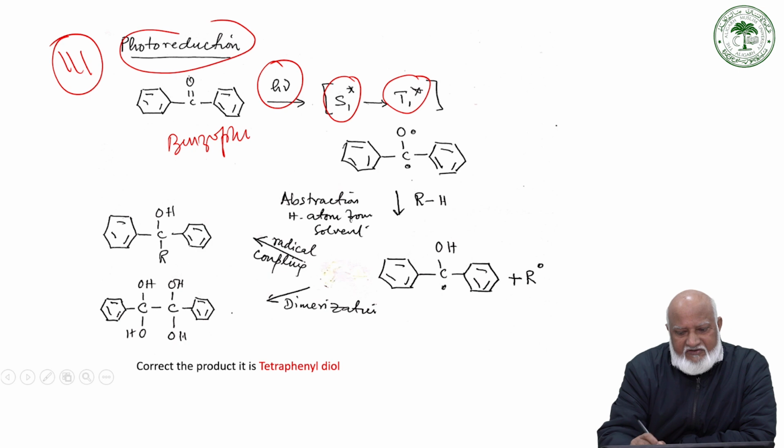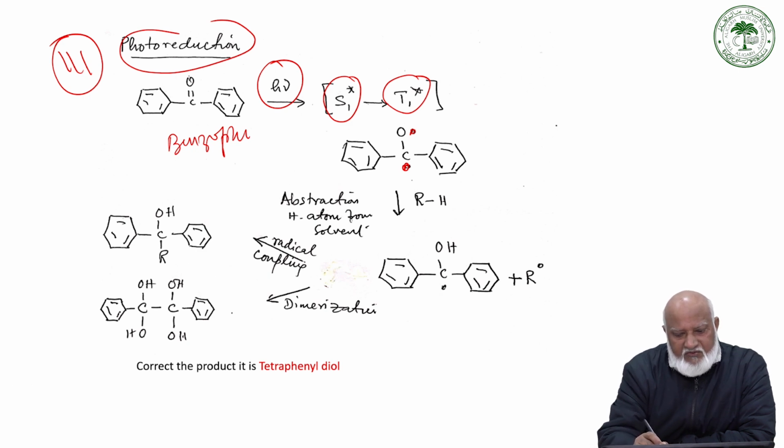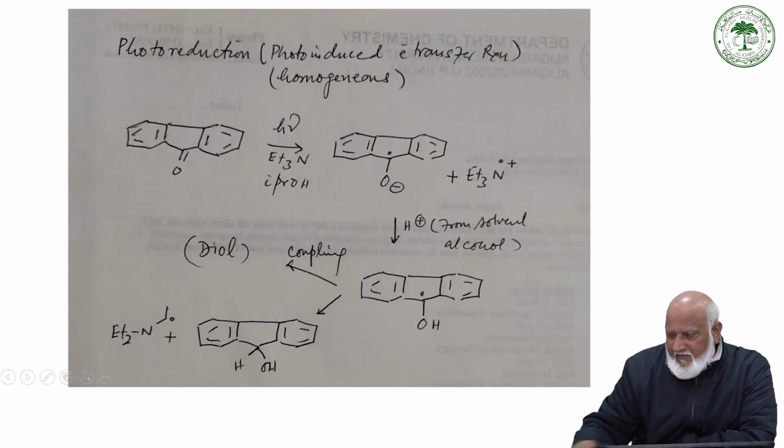These excited triplet states are nothing but diradical species, and when the diradical is formed, the O radical can abstract a hydrogen atom from the solvent, and this radical can combine.